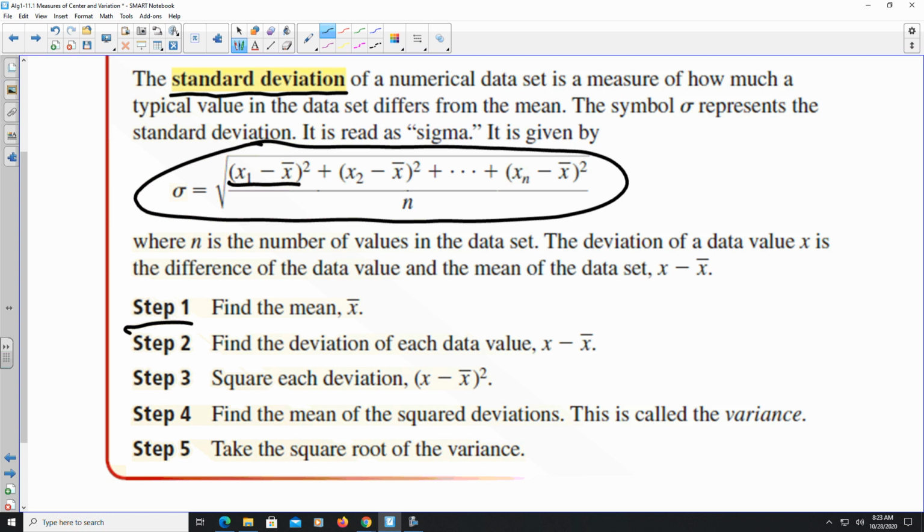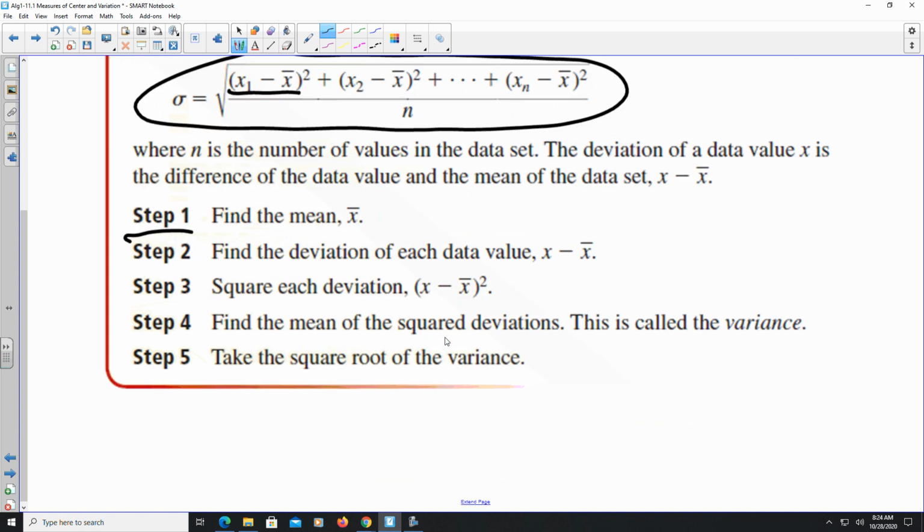Then that's added to the second piece of data, subtracted by the mean, and squared. You do that for every piece of data. Then that's divided by the number of pieces of data in the data set. Whatever that result is, you take the square root of it. And that's going to tell us the standard deviation of our data.